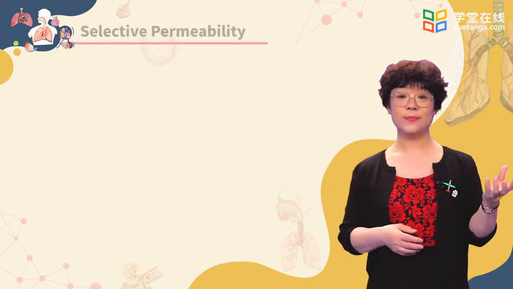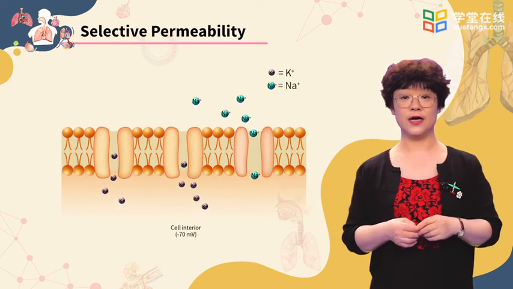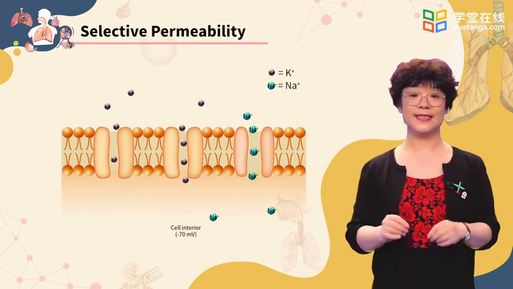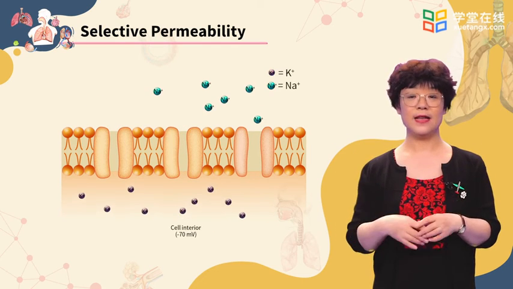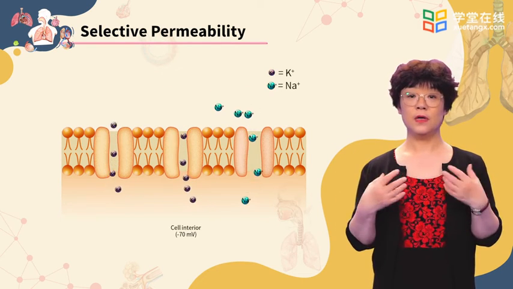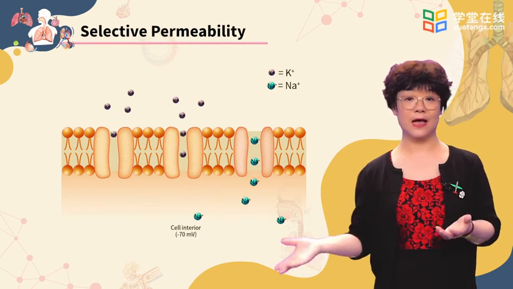As the positive potassium ions leak out, the cell becomes more negative inside. The negative voltage counteracts the concentration gradient, trying to pull potassium ions back into the cell. Sodium ions dribbling into the cell make the cell just slightly more positive than it would be if only potassium ions flowed out.